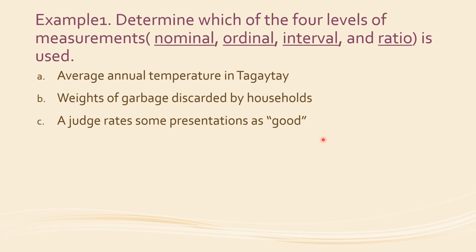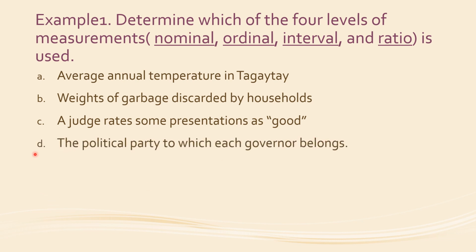So, kung nag-judge ka, good ang binigay mo. D. Then, the political party to which each governor belongs. So, ang sagot natin dyan, letter A is interval. Since meron siyang average, this is an interval measure or scale.